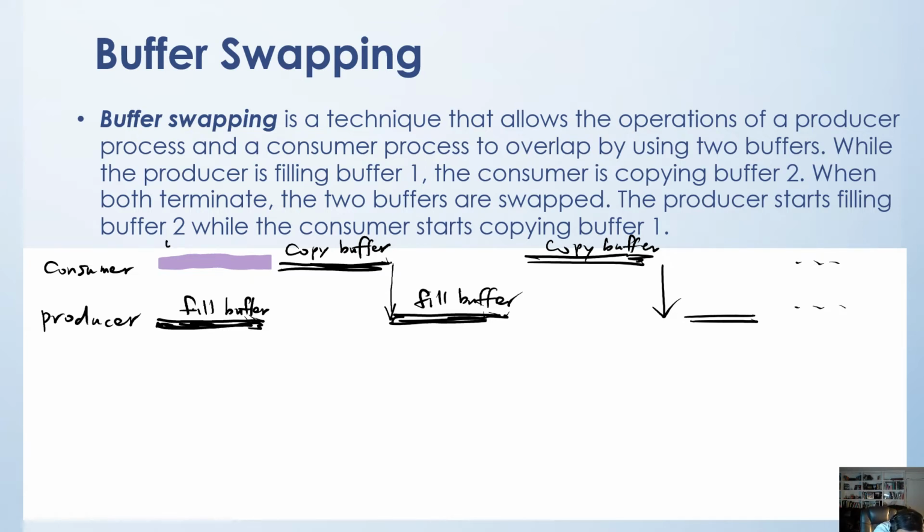On the other hand, when the consumer is copying the buffer, the producer's time is wasted. Again, the consumer's time is wasted, and again, the producer's time is wasted. So that's the scenario with a single buffer.